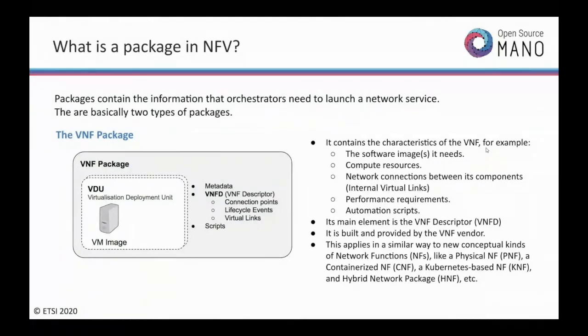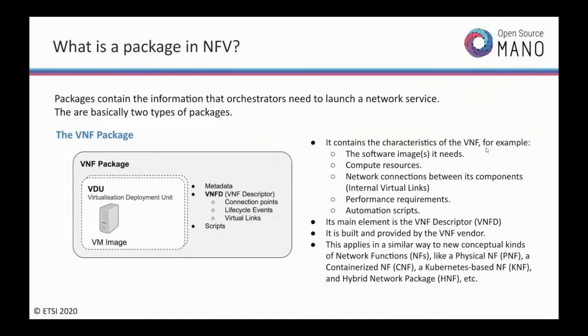We have containerized network functions. We have Kubernetes-based network functions, which might be the same. We have hybrid network packages or functions, sorry, that mix many of these network function types in a single package.